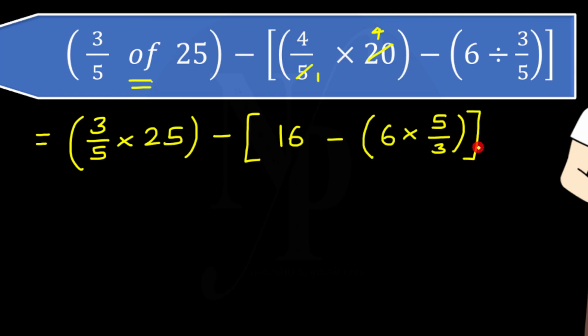Close square brackets. In the next step, let us divide 25 by 5. So 5 1s are 5, 5 5s are 25. 3 into 5 is 15 minus, open square bracket, we have 16 here, minus, here dividing 6 by 3, 3 1s are 3, 3 2s are 6, 2 into 5 is 10.